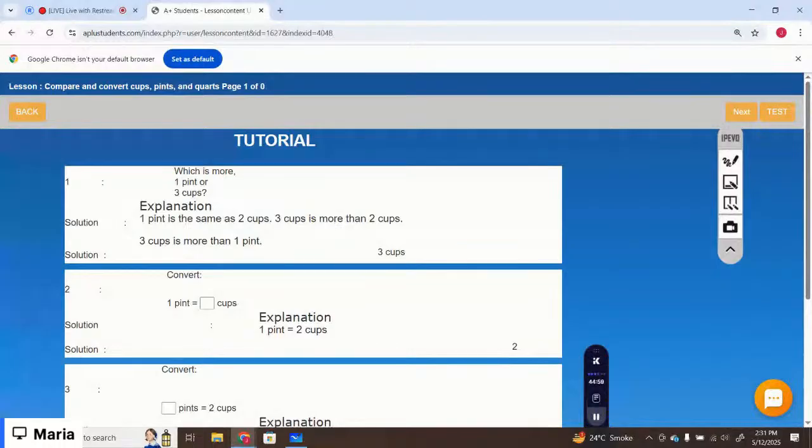So one pint is the same as two cups. One pint is equal to two cups. So three cups is more than two cups. That means three cups is more than one pint.